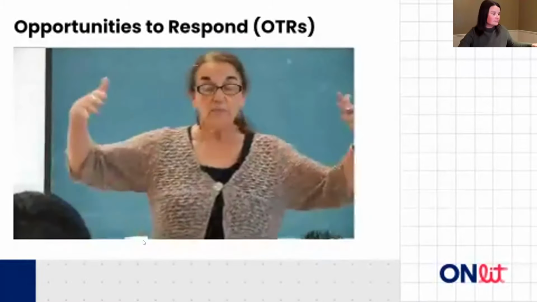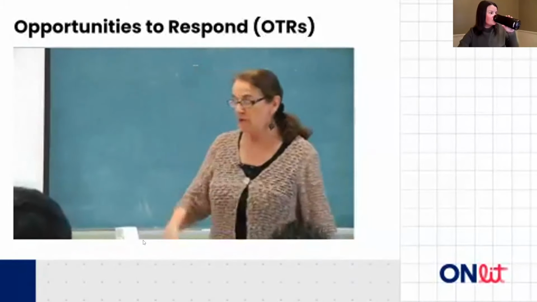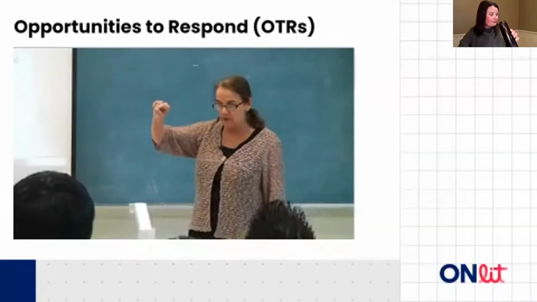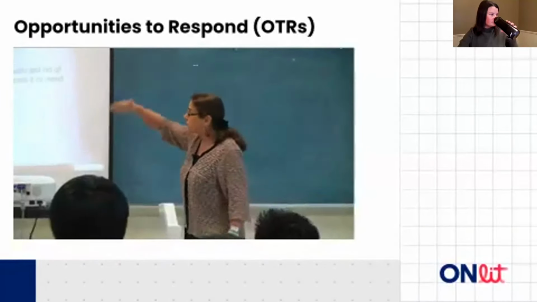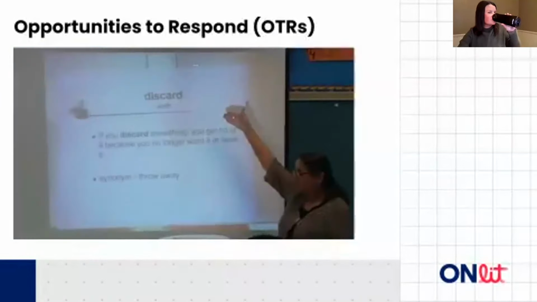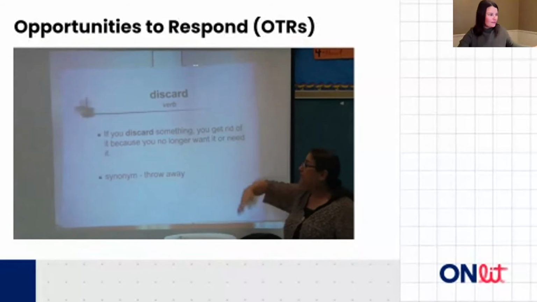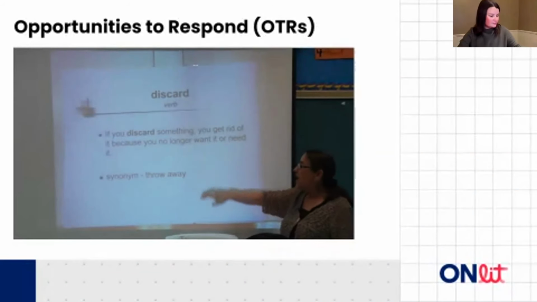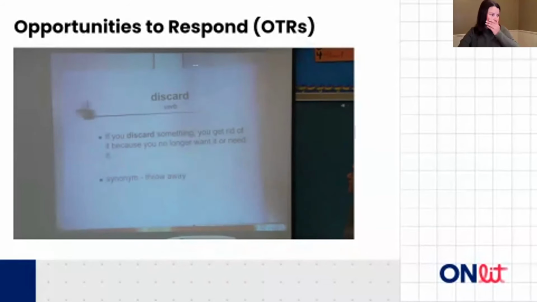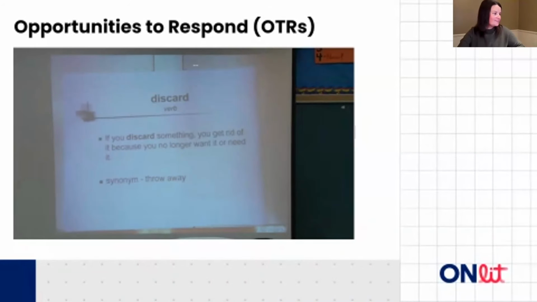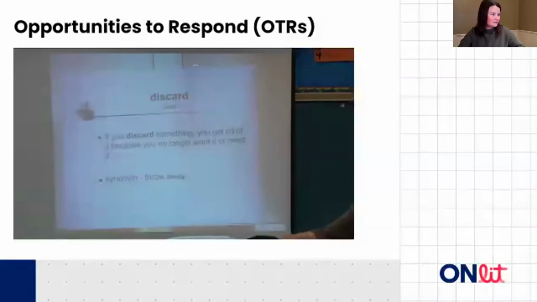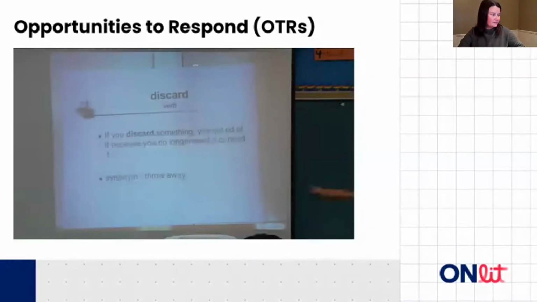So looking up here, so we're going to expand on some of our vocabulary words, and the first word is what, everyone? Discard. And part of speech, it is a verb. And read the definition. If you discard something, you get rid of it because you no longer want it or need it. Okay, so when I get rid of something and I throw it away, another word for that is what, everyone?